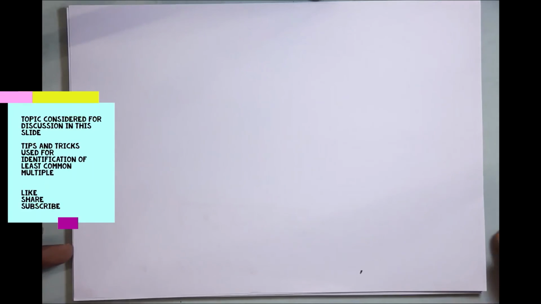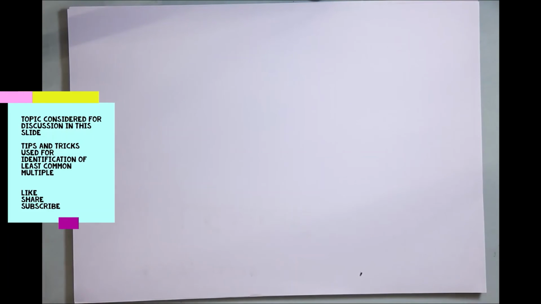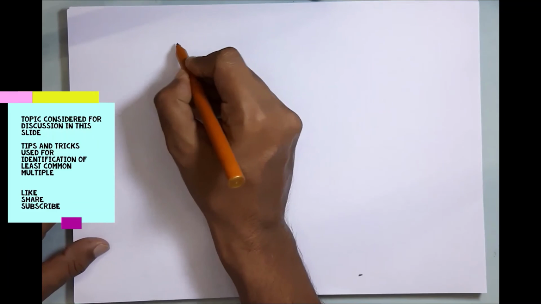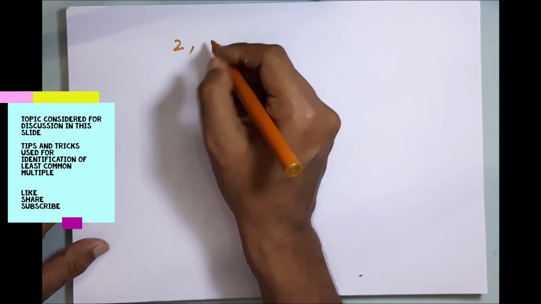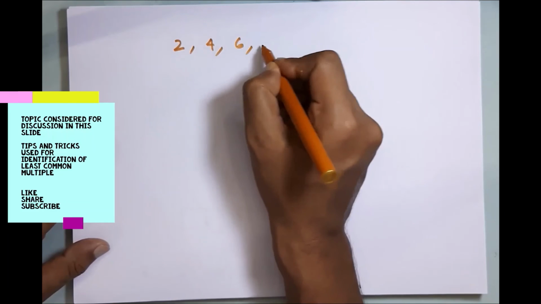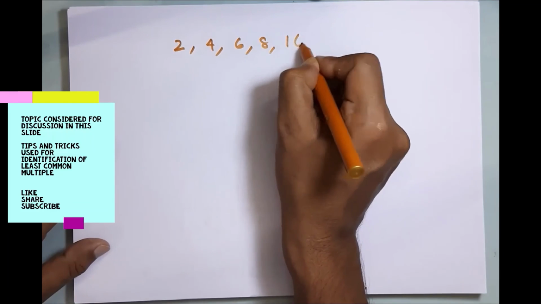Okay, so we have already discussed 4 tricks and will be concentrating on our final trick for today's discussion on LCM. Again, let us take some numbers. The numbers considered for this discussion are 2, 4, 6, 8 and 16.